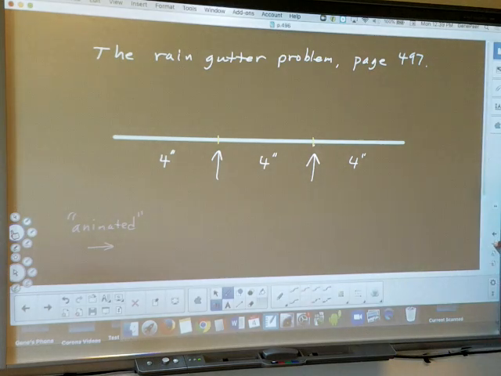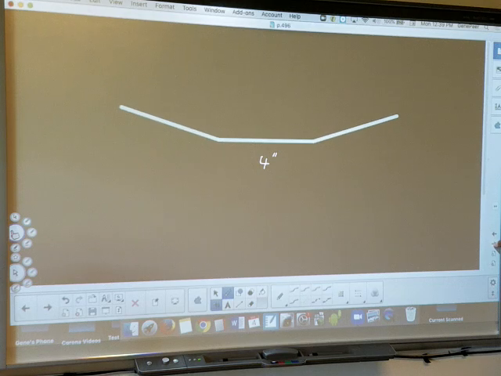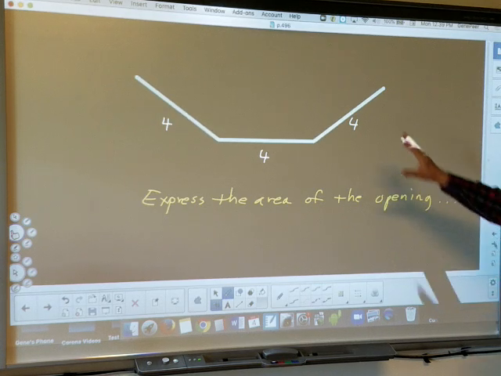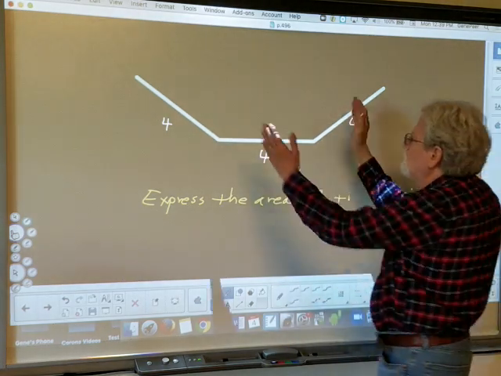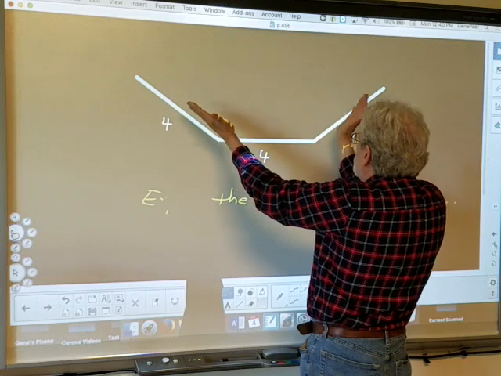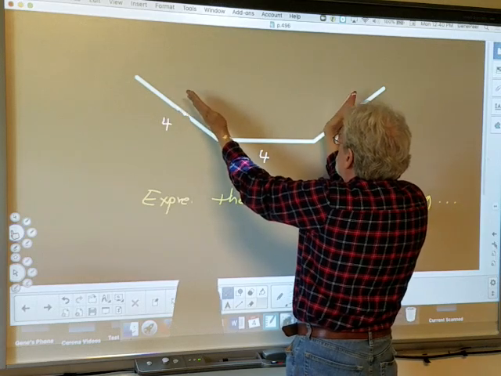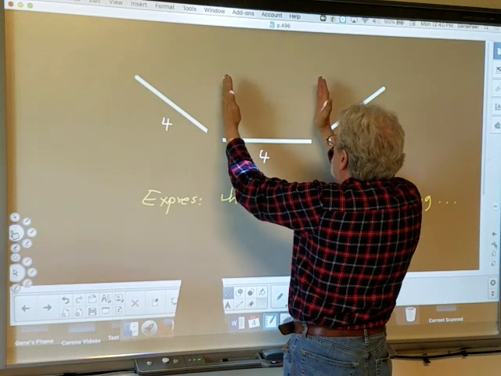So here's the idea. We're going to bend those two sides up, again and again, and we want to bend it up until we get to the point where this area has been maximized. You say, oh, well, it's obviously going to be straight up because then it's the tallest. Well, not necessarily so. Because yes, as I move them straight up like this, it gets taller, but it gets narrower.